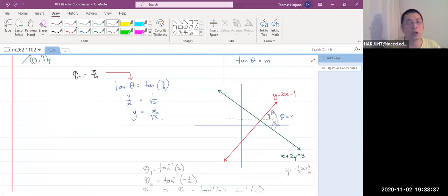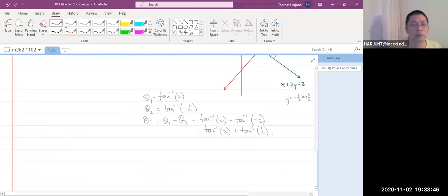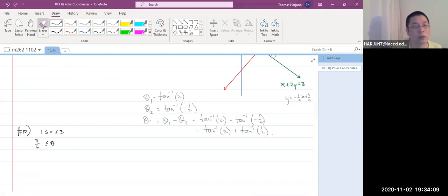Now, so what about regions? Suppose, for example, I see problem number 10. If I see problem number 10, can you sketch the region where r is between 1 and 3 and theta is between pi over 6 and 5 pi over 6, actually without a calculator.